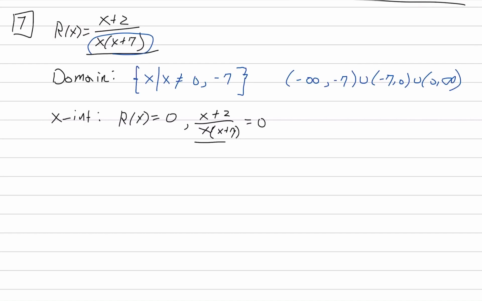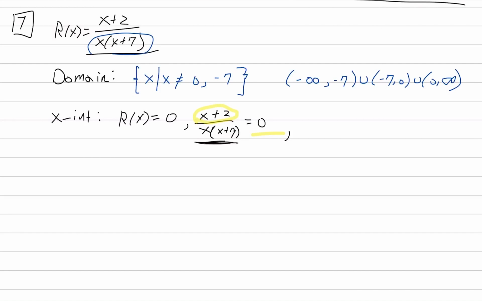But whatever the denominator is, it cannot ever make it 0. So the only thing we have to worry about here is the numerator, because only the numerator can make the output quantity become 0. So when x is negative 2, we can see that it will be 0 over a number, which is 0.